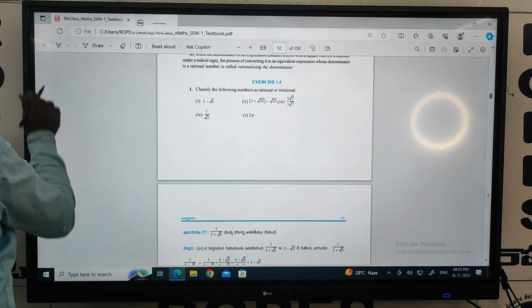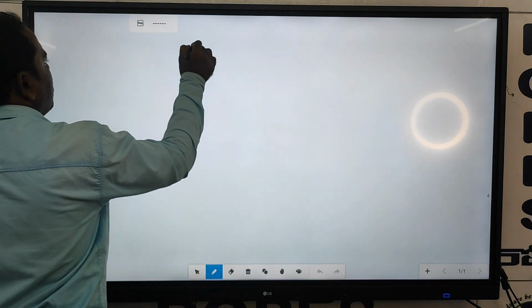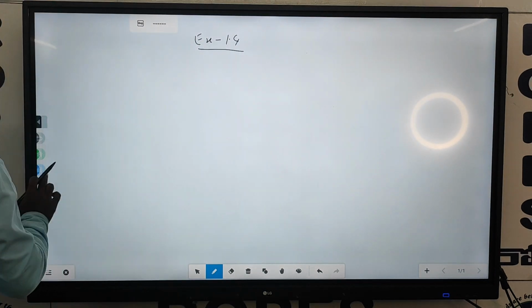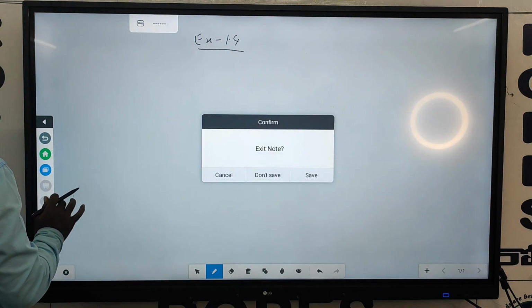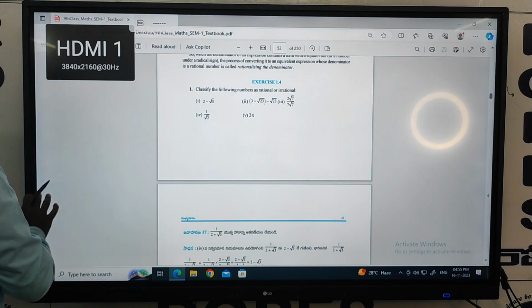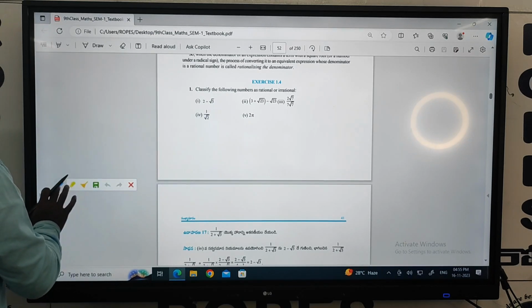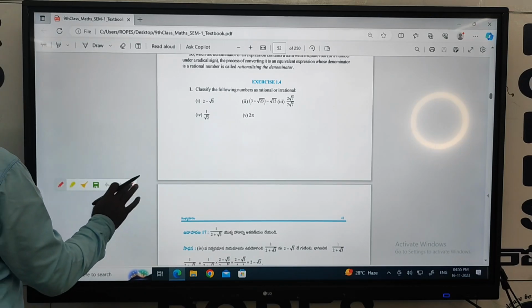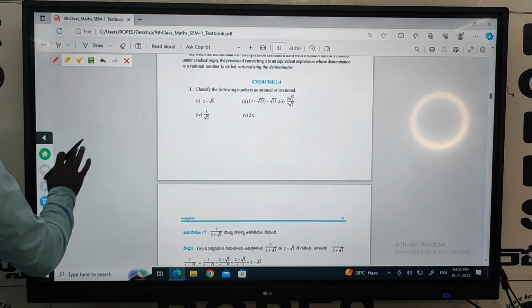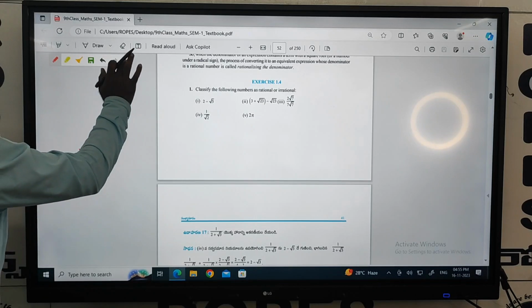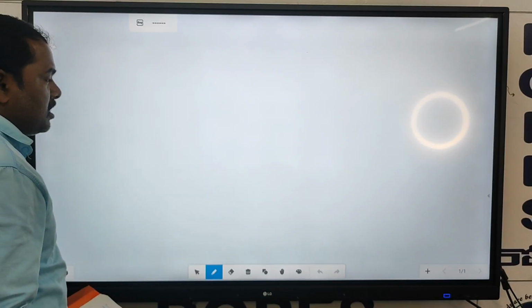In exercise 1.4, classify the following numbers as rational or irrational.